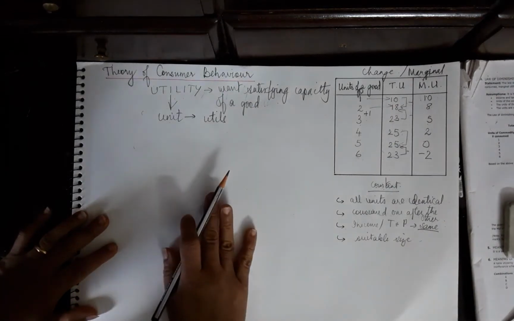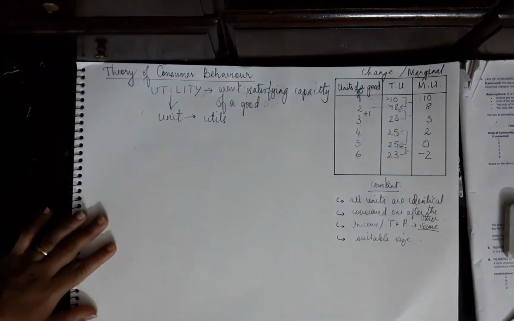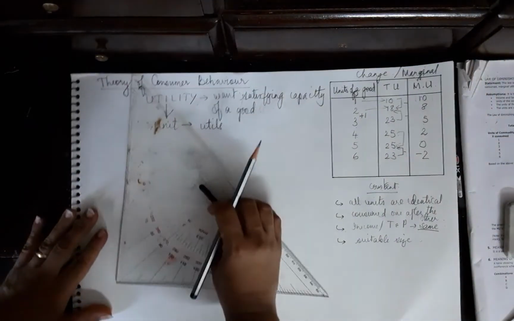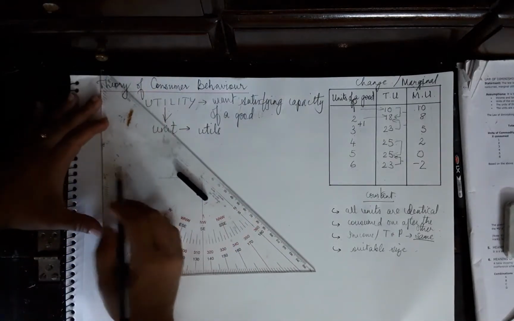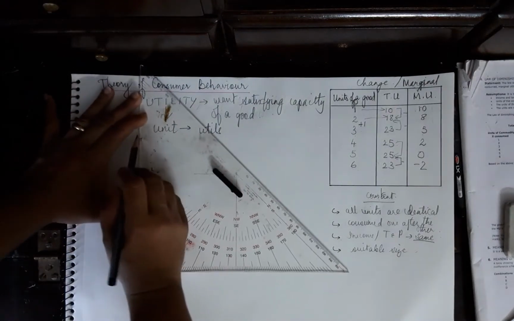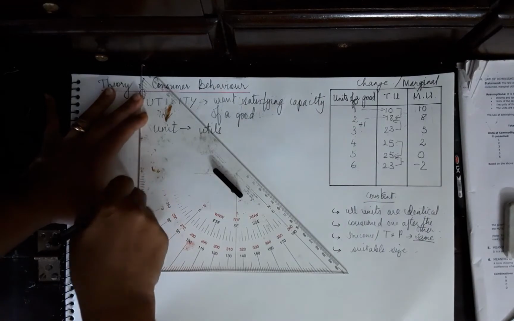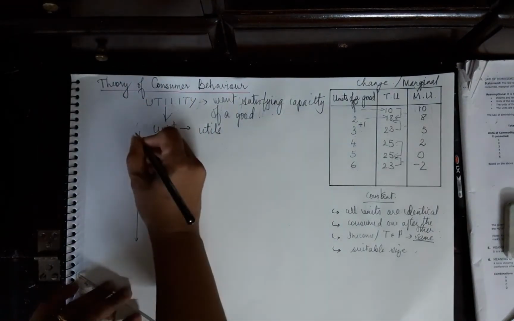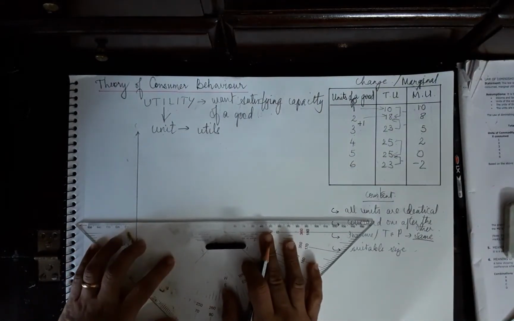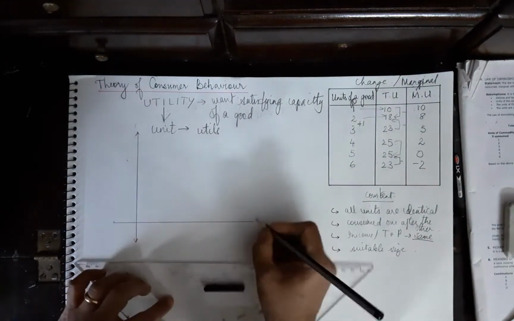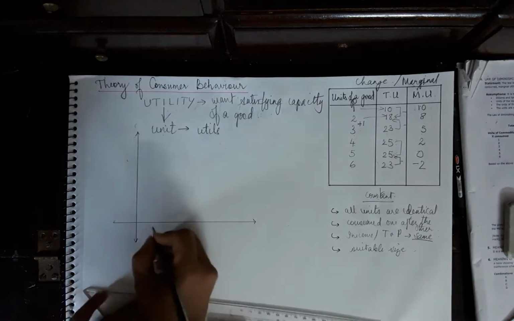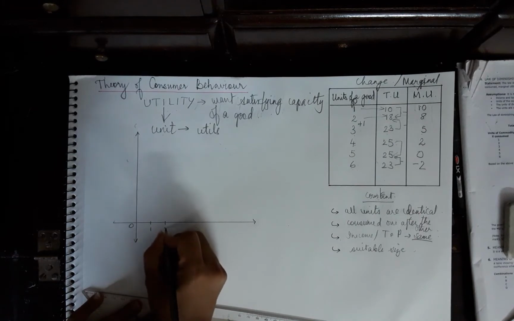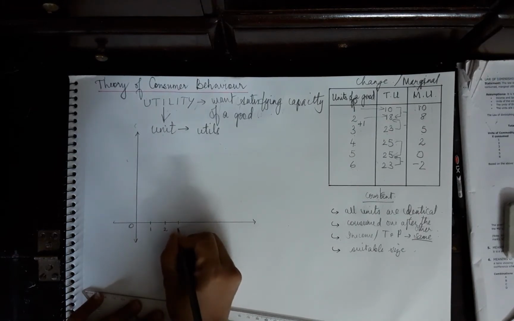We will now go on to draw a diagram based on this schedule. It's very easy. Just draw the x and y axis. First I will draw the total utility curve. So you have the vertical axis and then you have the horizontal or the x-axis. I will put all the units of consumption here on the x-axis.